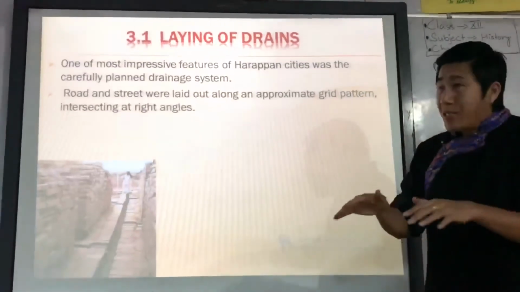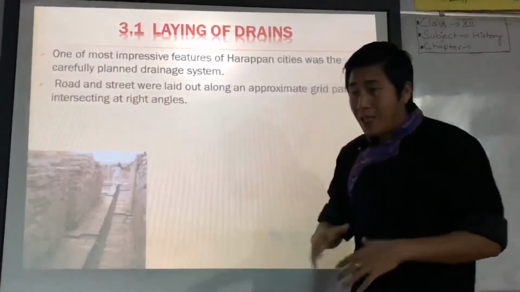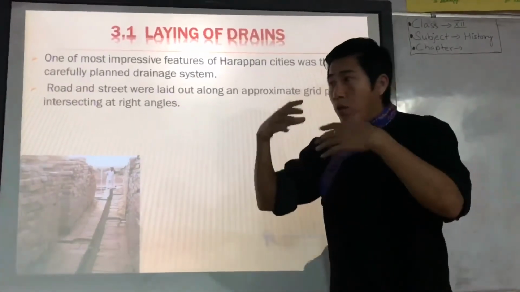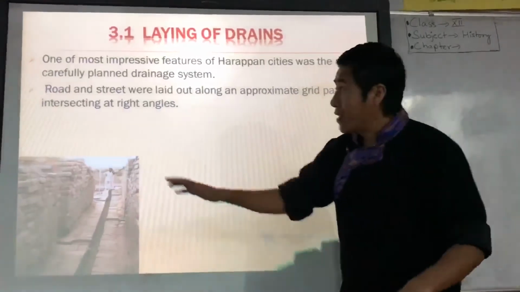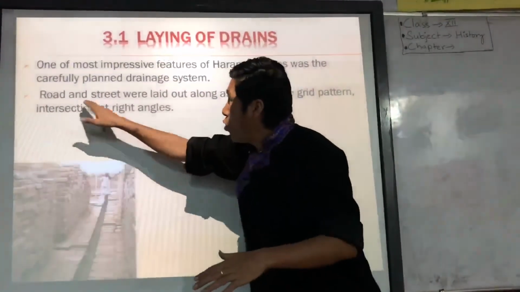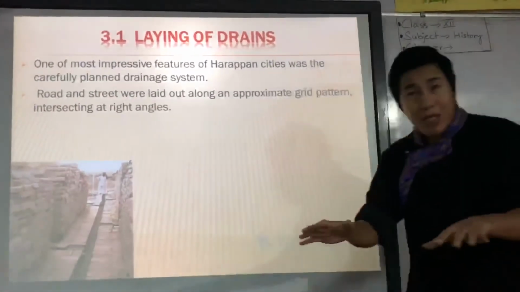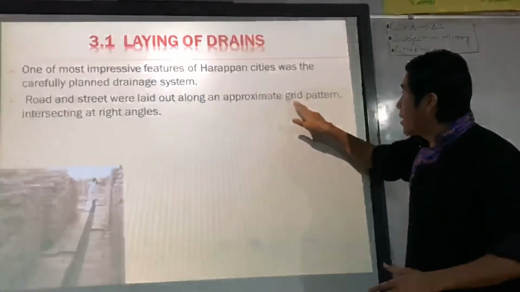Now, the plan is done in such a way, look: first they planned the city itself, not the house or building. First they planned the city, just like first the roads and streets were laid out. First they built road and street, in an approximate grid pattern.